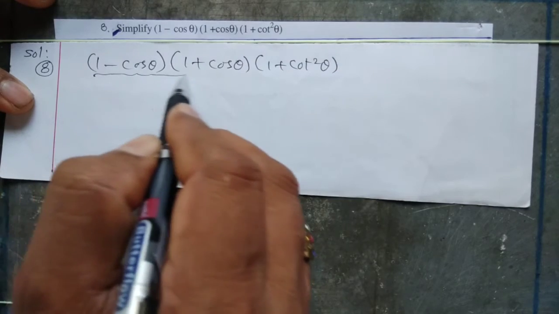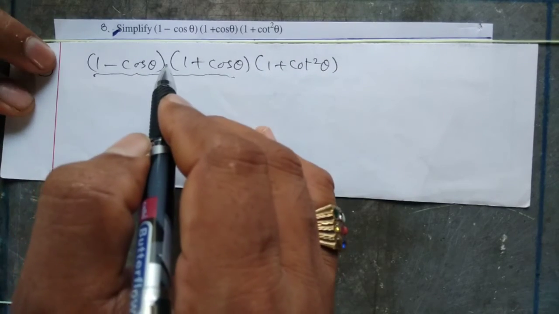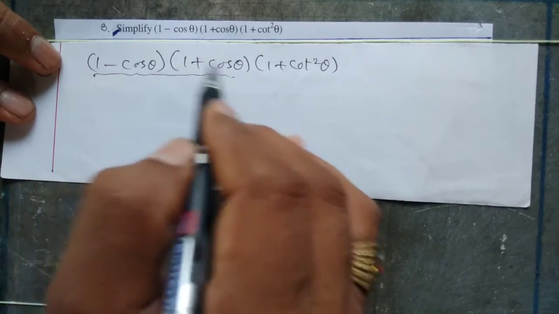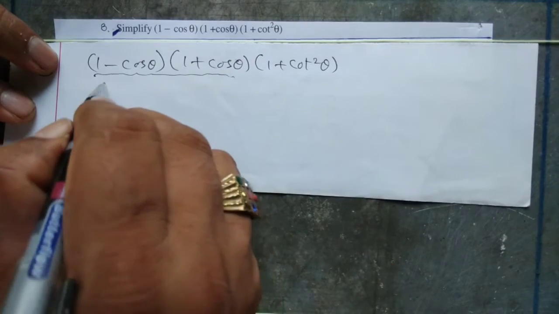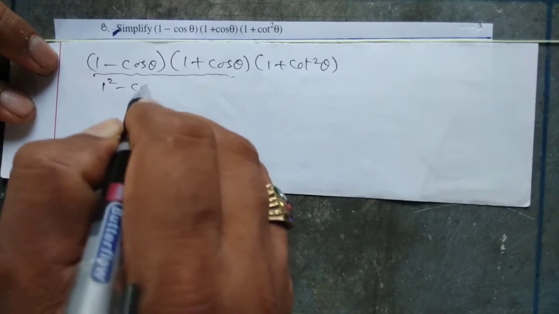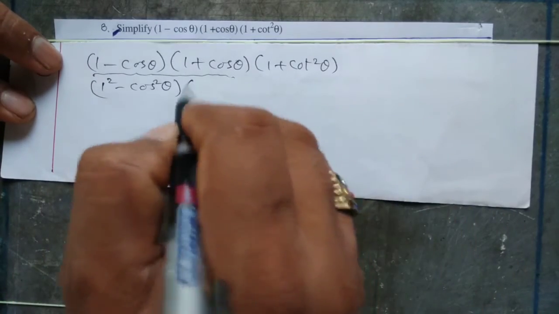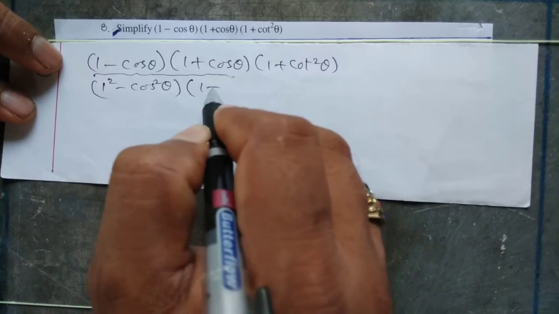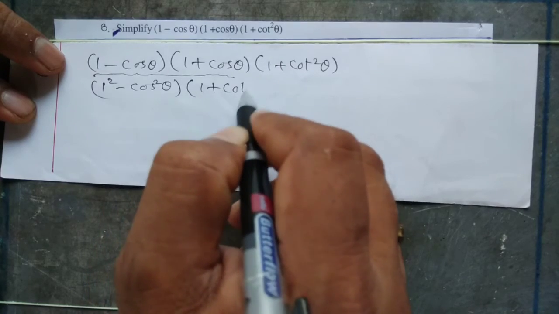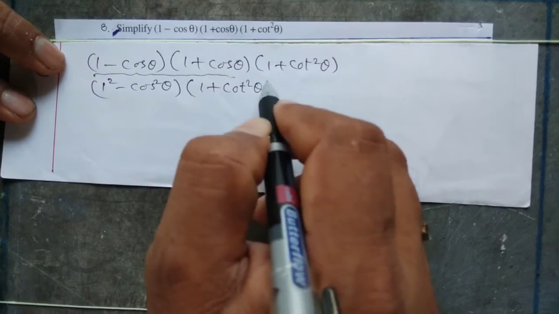First we have to simplify this using A minus B into A plus B form. 1 square minus cos square theta into 1 plus cot square theta.